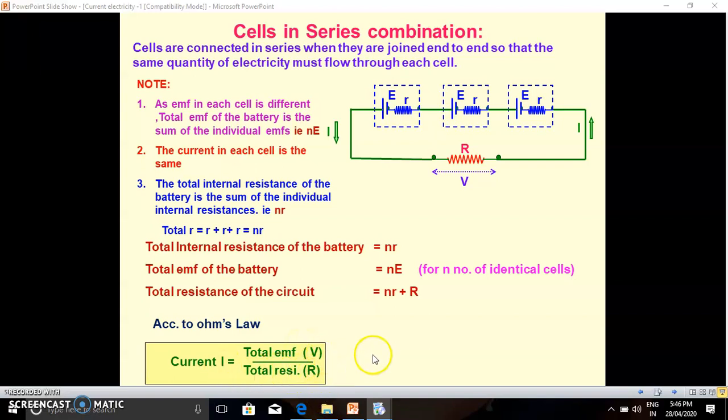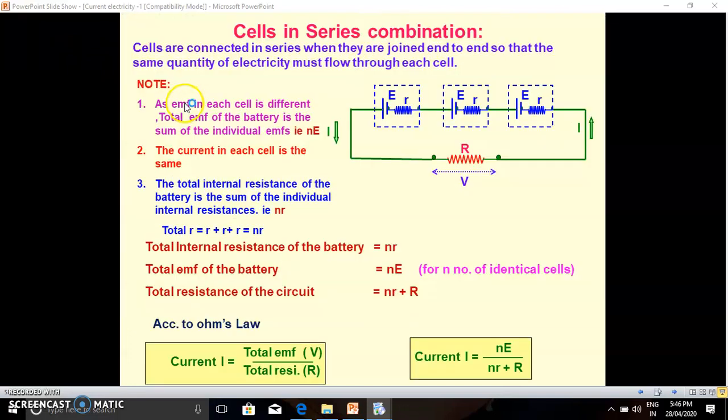But here the total EMF is nE and the total resistance is nr plus R. So this is the expression for total current in this circuit: I is equal to nE divided by nr plus R. Here n is the number of cells, E is the EMF of each cell, divided by n number of cells into r internal resistance plus external resistance.